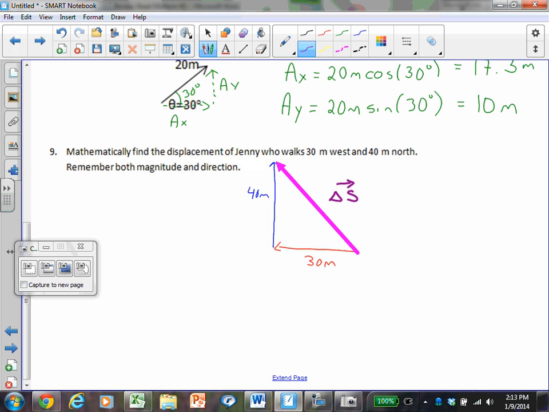Now, that means that delta S, we don't even have to plug it in. We know it's going to be 50 meters, right? 3, 4, 5. How do we get direction for this thing?